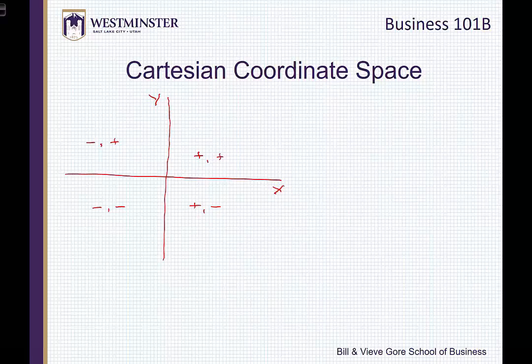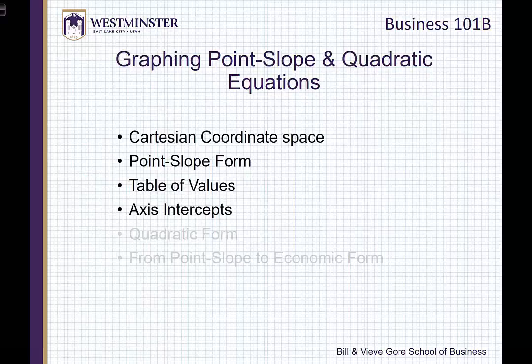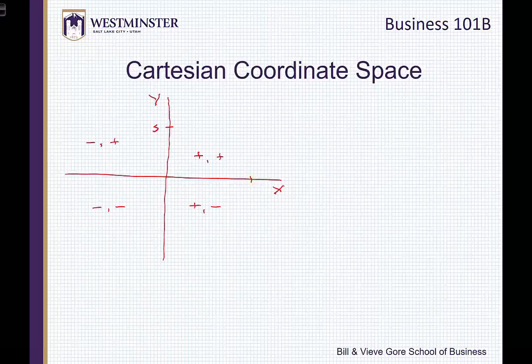So if we have, say, a positive value for y of 5 and a positive value of x of 5, then we can find the point here. Sometimes that point is referenced by 5 and 5 or y and x. And we then know that that point is in positive, positive space because it was the result of a positive y and a positive x. So that's the Cartesian coordinate space.